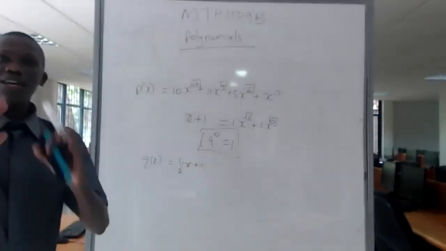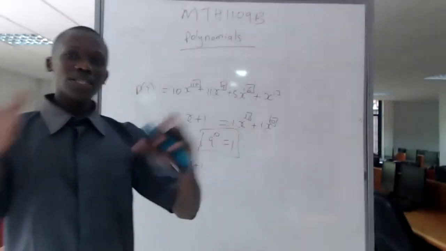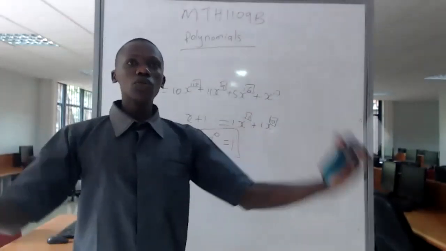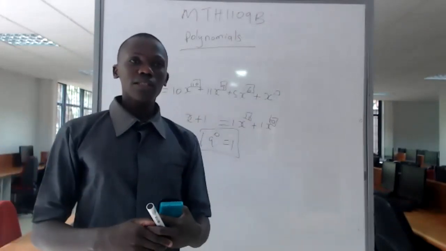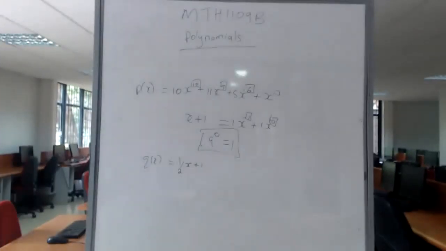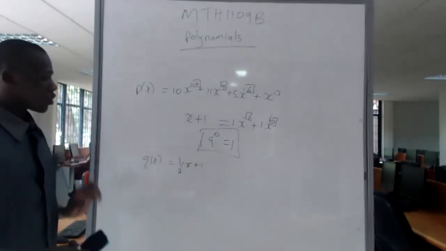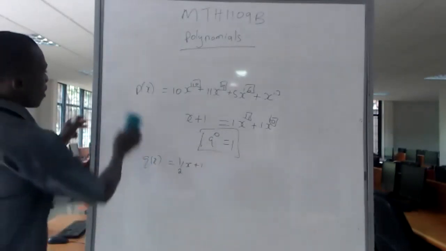The coefficient can be any real number. And we said a real number is a number which is rational or irrational, and that includes natural numbers, all the integers, okay? All the fractions, positive and negative. All right. So the coefficients can be irrational. They could be fractional.